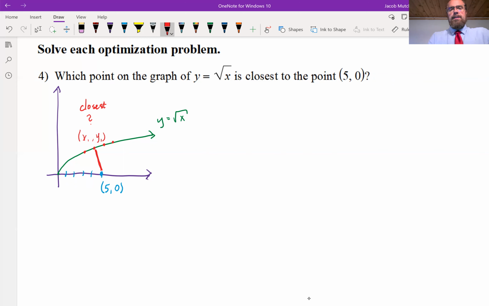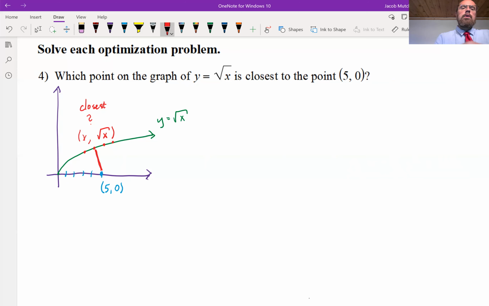But for us, because this is a function, we can define y1 in terms of what y equals here. Y equals square root of x. So the way I'm going to set this up is not with y1, but with that specific square root of x. And we'll just go ahead and call this x comma square root of x.